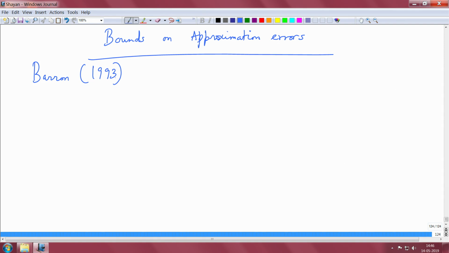Baron in 1993 established the approximation properties of a multi-layer perceptron assuming sigmoid functions and a single layer of hidden neurons, right.